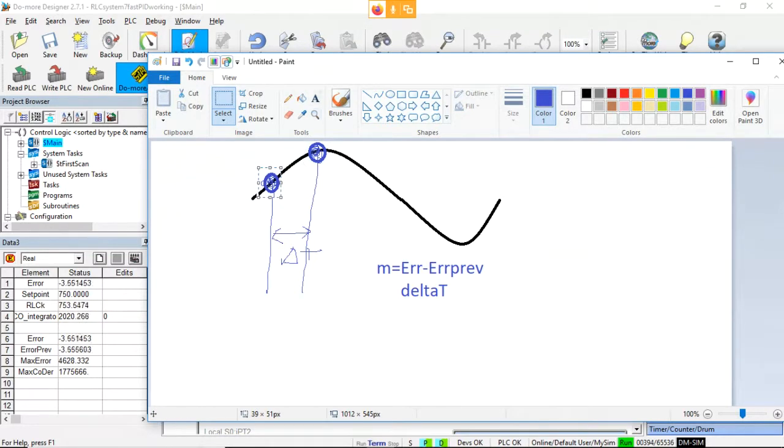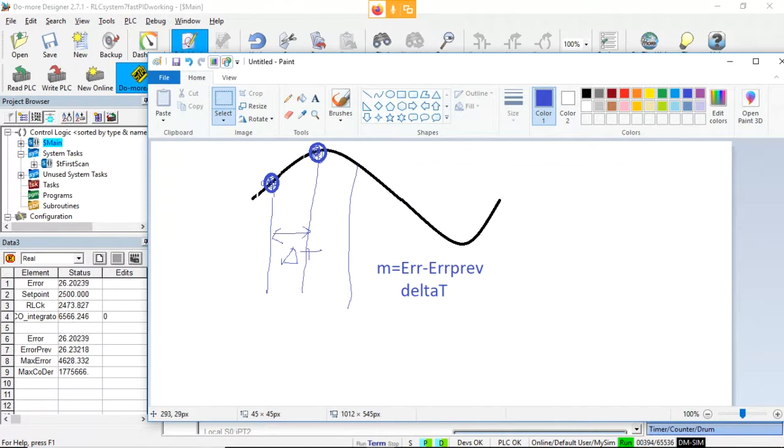Okay. But now when we go to the next delta t over here, I first have to move my error, because this value right here was my error, but I have to move it into the variable previous error.